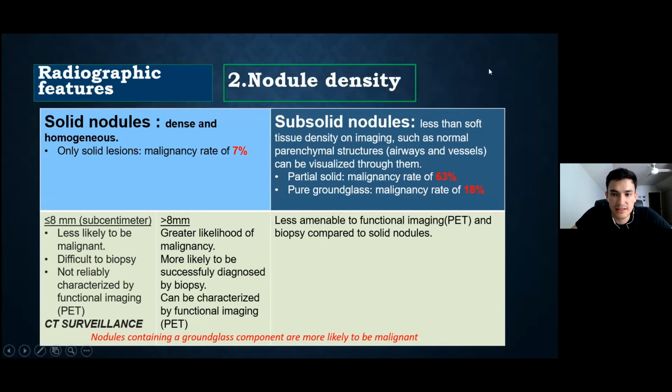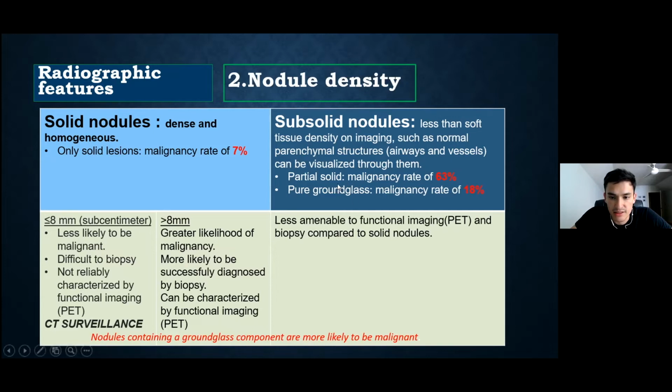Okay, nodule density is very important. Solid nodules are dense and homogeneous, whereas subsolid nodules have less than soft tissue density, and bronchovascular structure can be visualized. In between all the types of lung nodules, the partial solid nodules are the ones that have a higher malignancy rate.